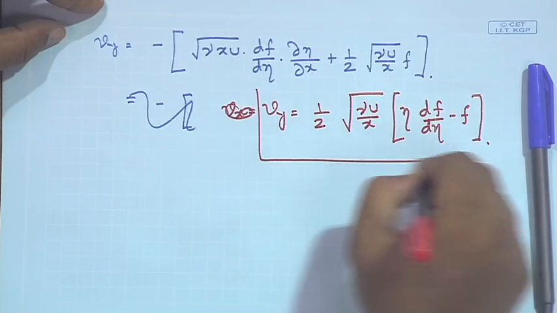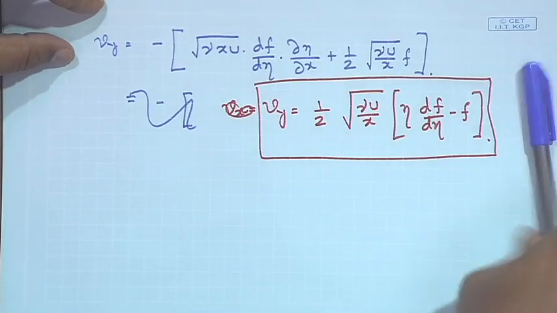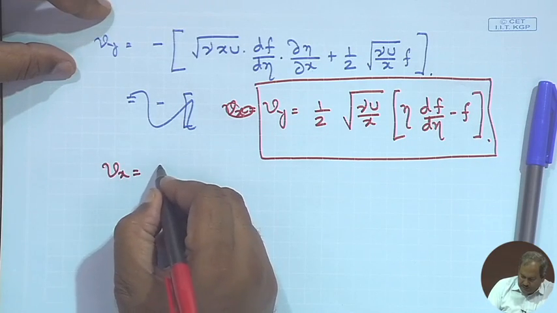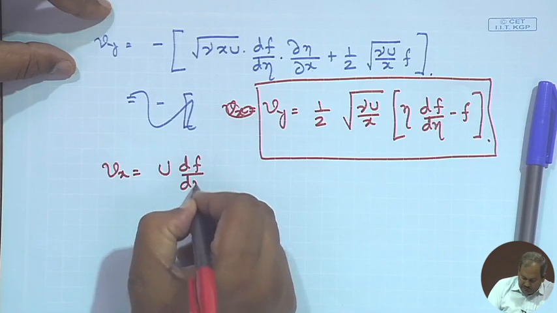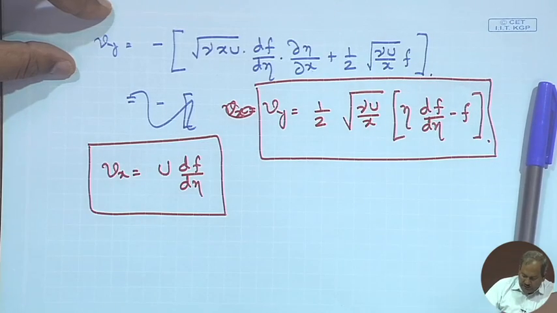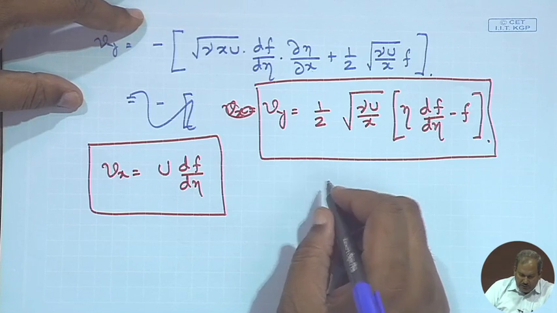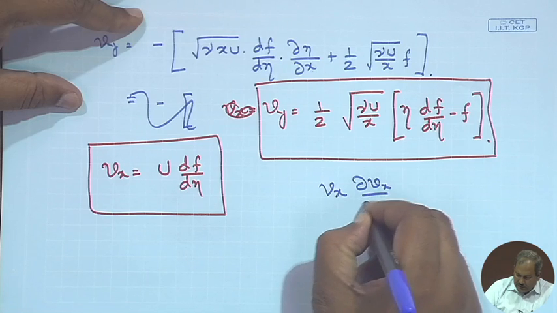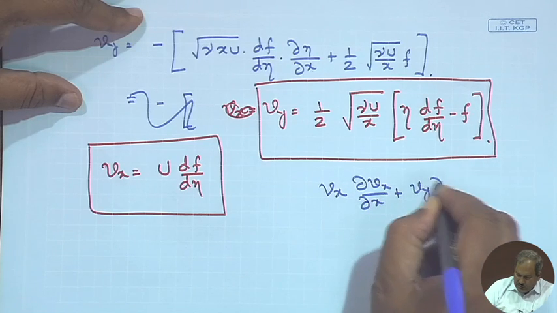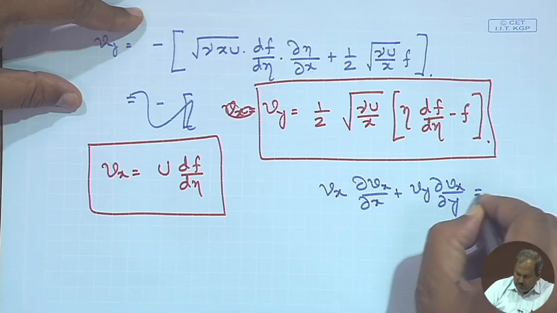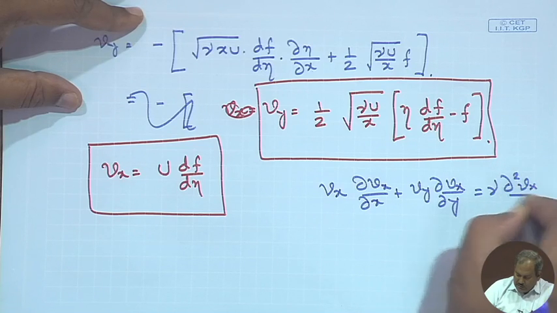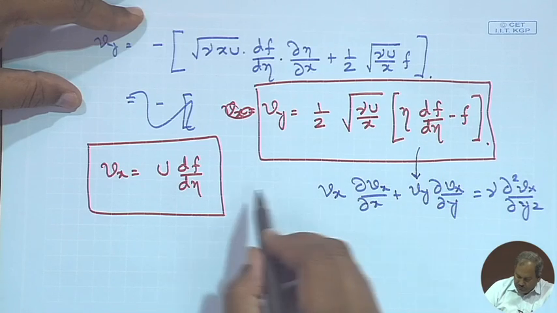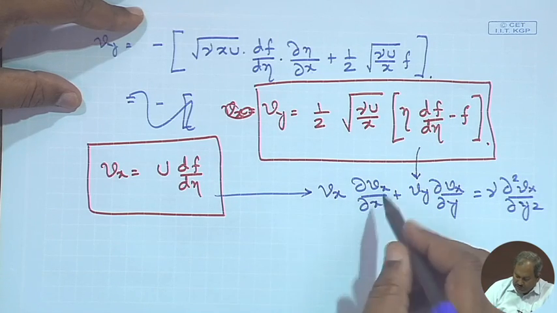So this is the expression for Vy, and from the previous slide we have seen Vx is equal to u times df d eta. The governing equation, as we have seen before, is del Vx del x... So I can substitute the expression for Vy in here, the expression for Vx in here.